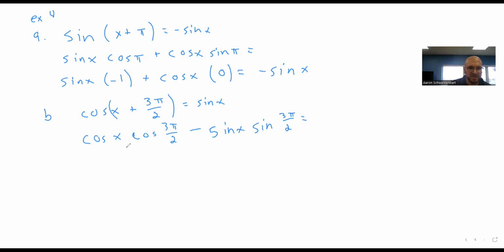And then I get here cosine x times cosine 3 pi over 2. Cosine 3 pi over 2 is 0. Sine 3 pi over 2 is -1. Two negatives make a positive. And I'm left with just sine x.